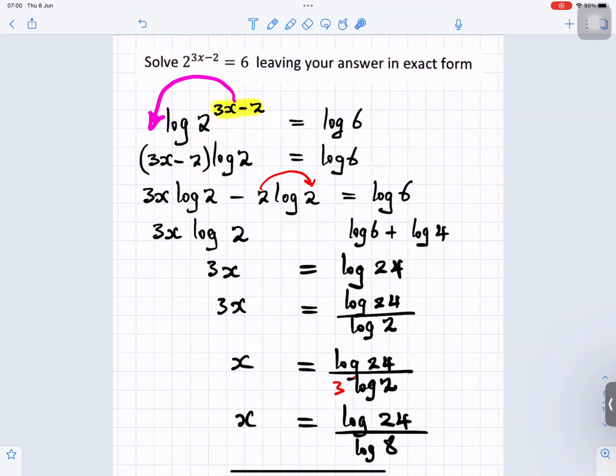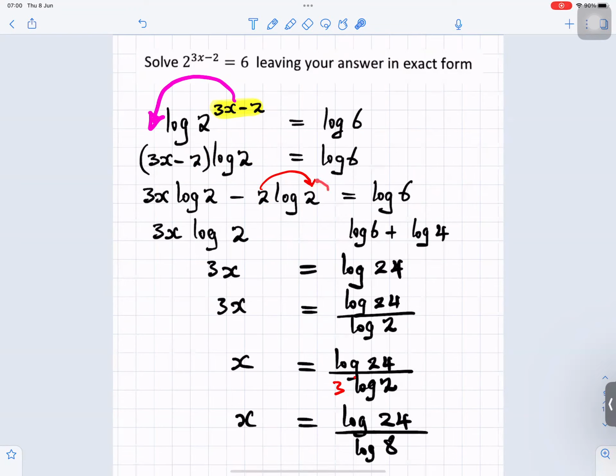So we do log 2 times 3x, or 3x times log 2, 3x log 2, and then minus 2 times log 2, minus 2 log 2 is equal to log 6. The 2 goes to the front. That will give you 2 squared, which will give you 4.